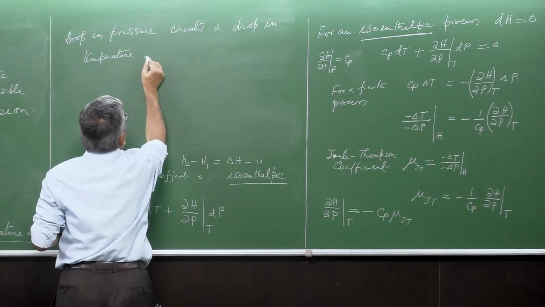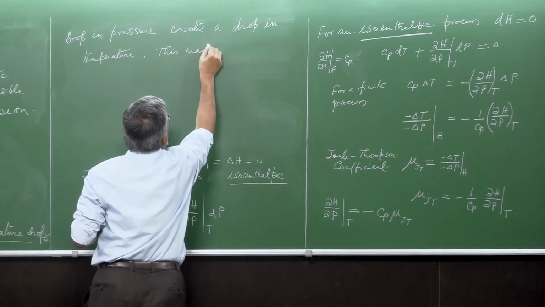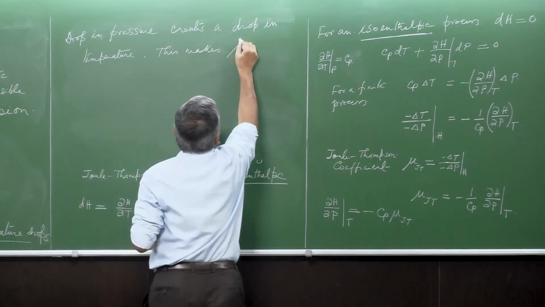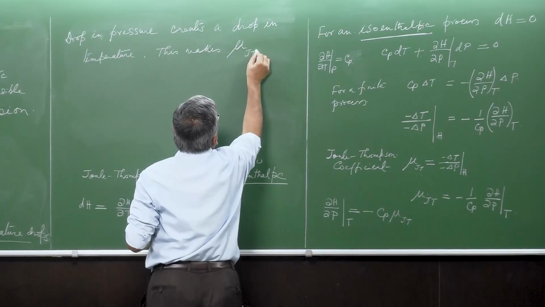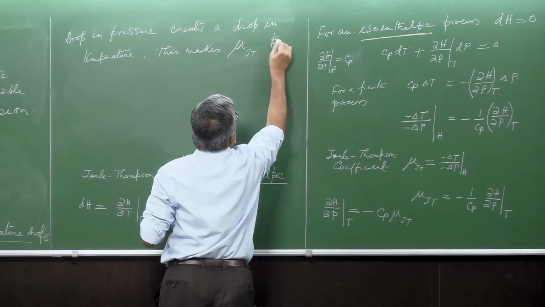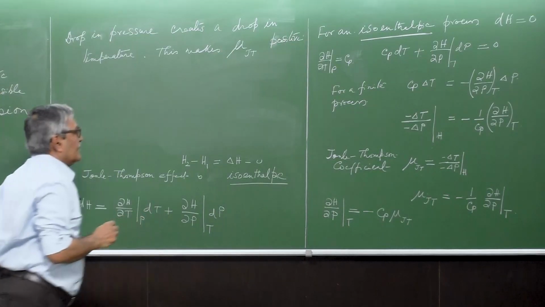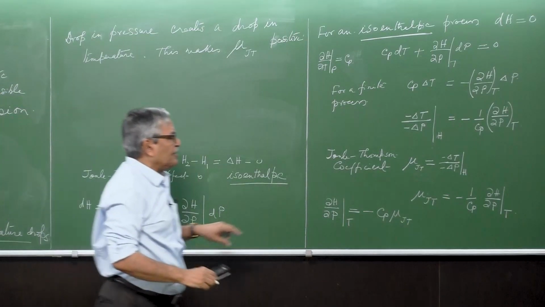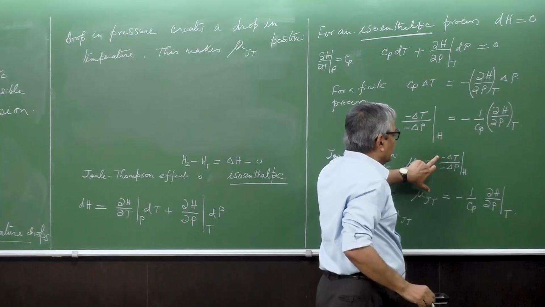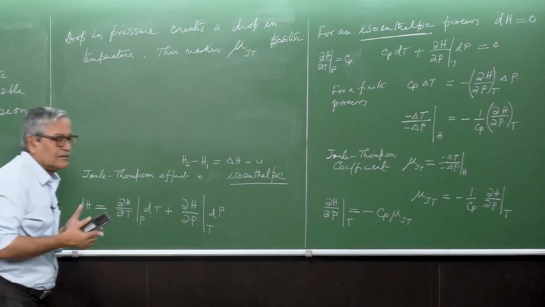That means this makes mu J_T positive. That means if you have a drop in temperature and correspondingly a drop in pressure, then mu is always in that case greater than 0.